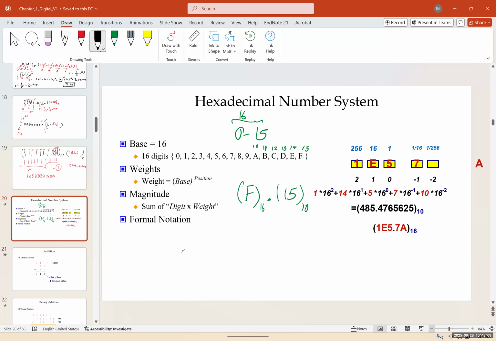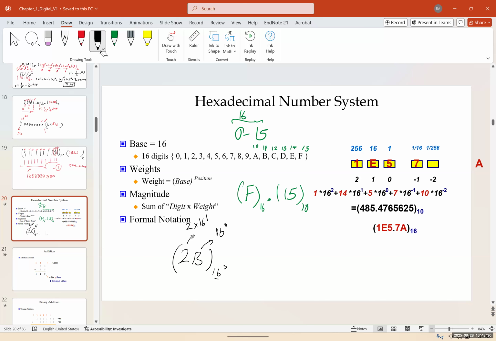Imagine I have this number 2B, and I want to convert this to a decimal number. Again, the first digit is going to be multiplied by 16 to the power of 0, because our base is 16, and the second digit would be 2 times 16 to the power of 1.